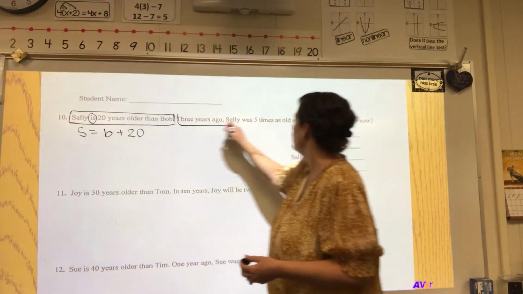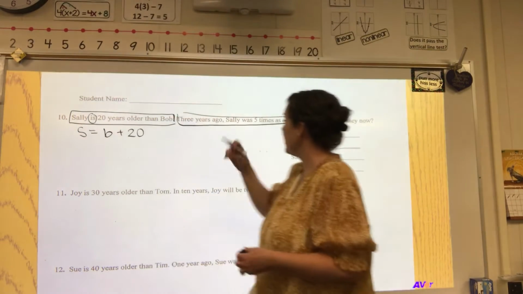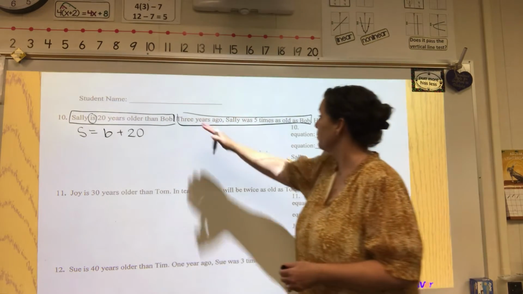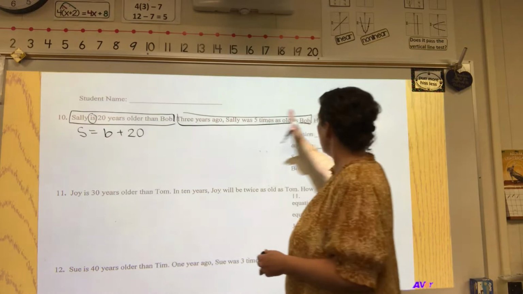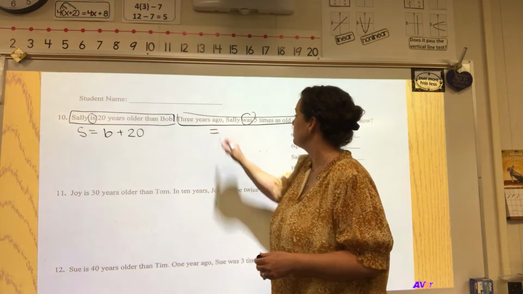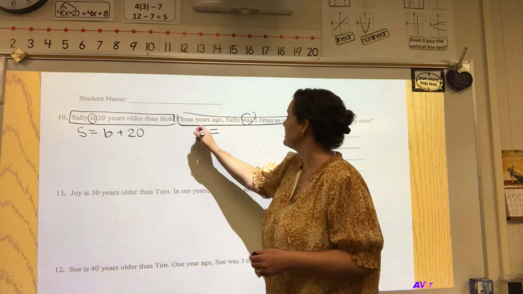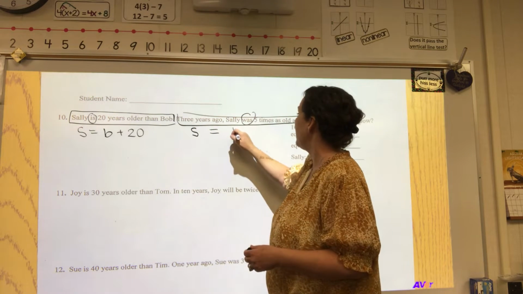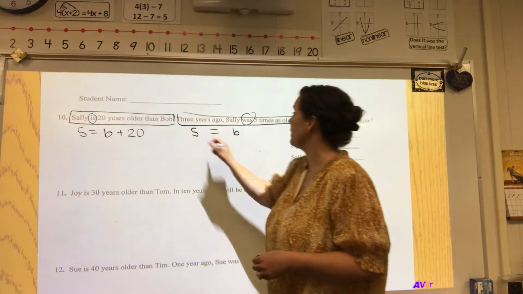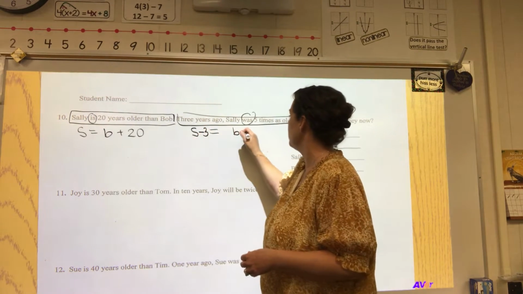Next sentence. We have 3 years ago, Sally was 5 times as old as Bob. So 3 years ago, comma, we know that all of this happened. We can easily find our equal word, cool beans, and we have Sally on one side and Mr. Bob on the other. Now, this happened 3 years ago, so that's a -3 on both sides.